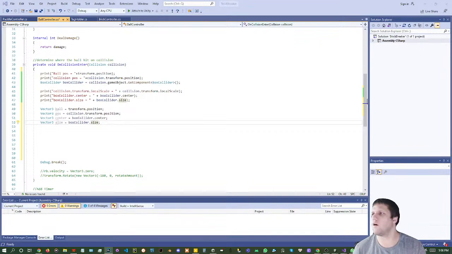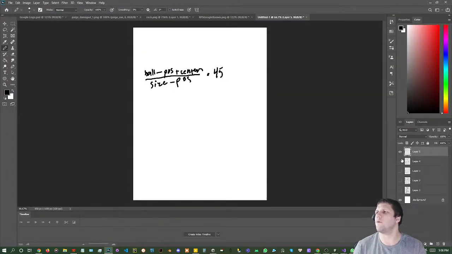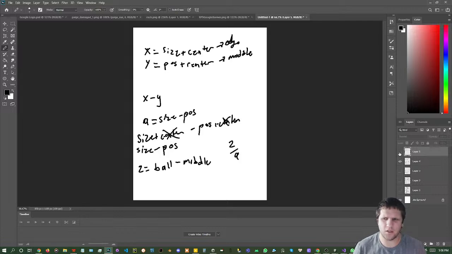Yes, how are we using the scale with this? We forgot to talk about that. So the scale would affect the size. It would not affect the position, but it would affect the size. Yeah.